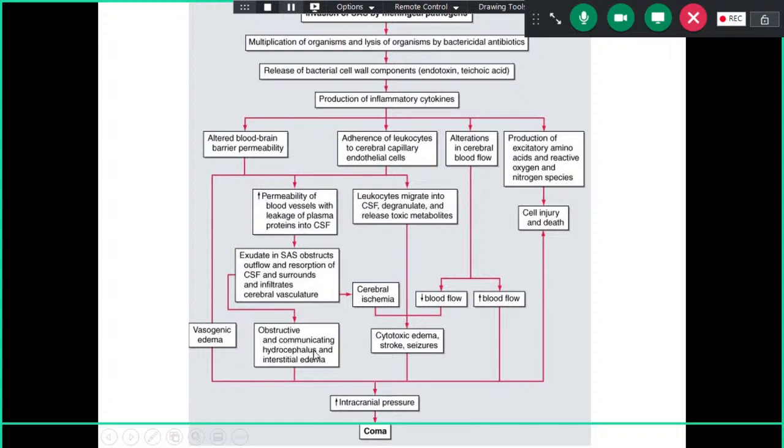Some areas of the brain can be affected through cerebral ischemia because of the reduction of blood flow, or directly affected by the cytotoxic cytokines that are present. It can also be because of cytotoxic edema. So finally, this will lead to increased intracranial pressure because the CSF outflow is compromised, and this will subsequently lead to coma.